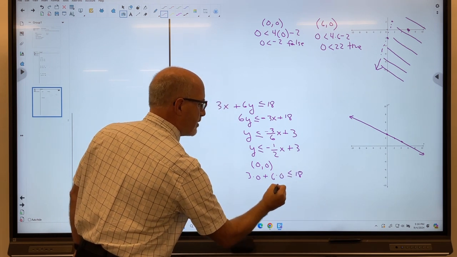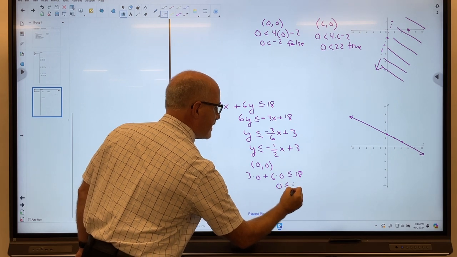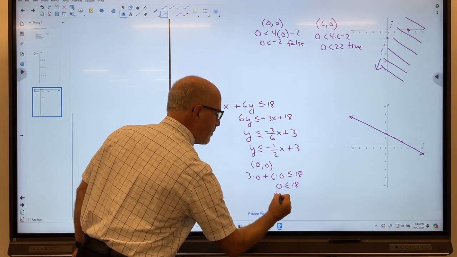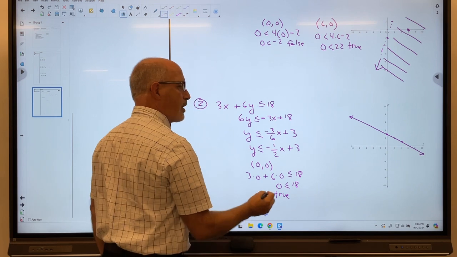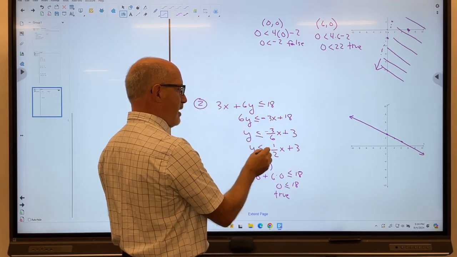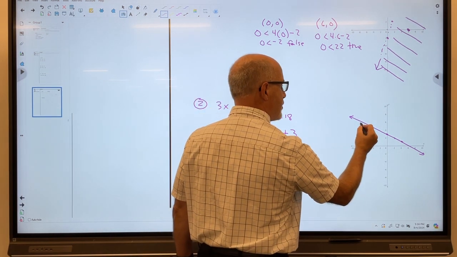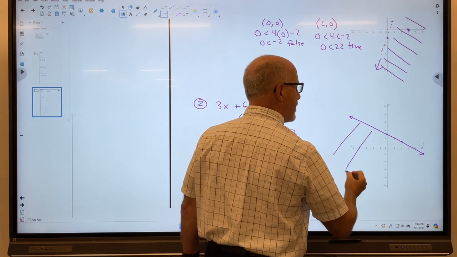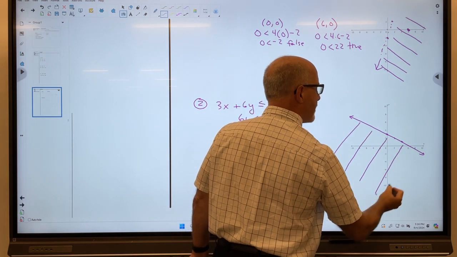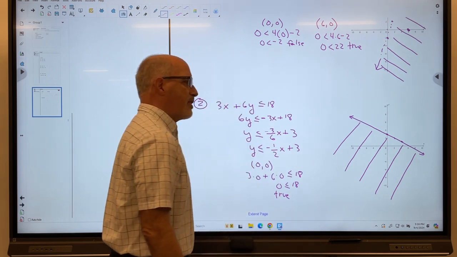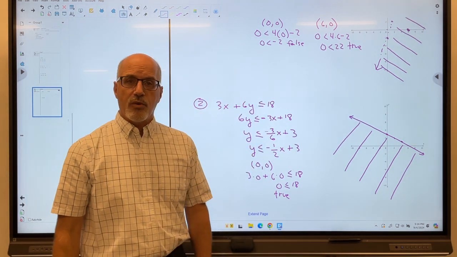So 0 plus 0, is that less than or equal to 18? That is a true statement. So we're going to shade on the side of 0, 0. I'm going to shade on this side down here. So that's how you'd shade a linear inequality.